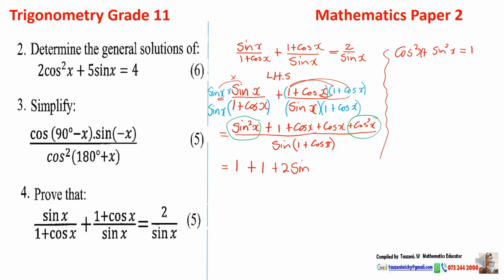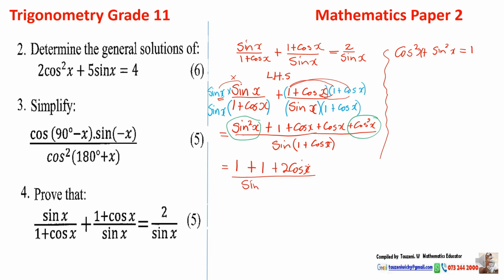So if you look at what I'm doing right now, this is basic calculations. There is nothing serious that must give us problems. My denominator is the same. You keep it in brackets unless it's necessary to simplify it.